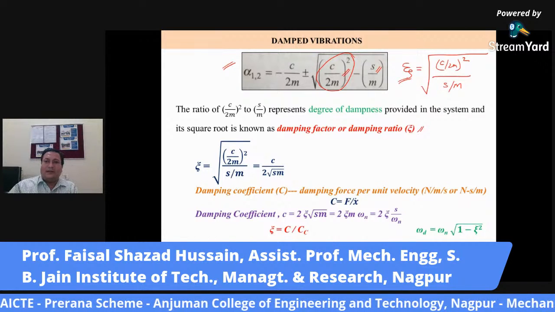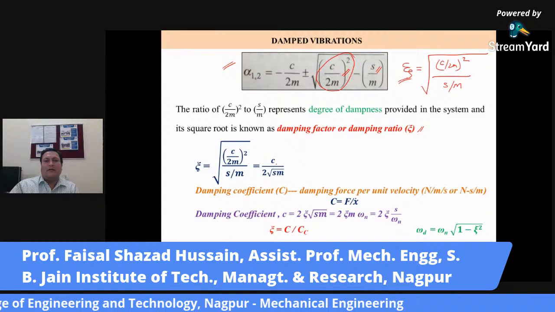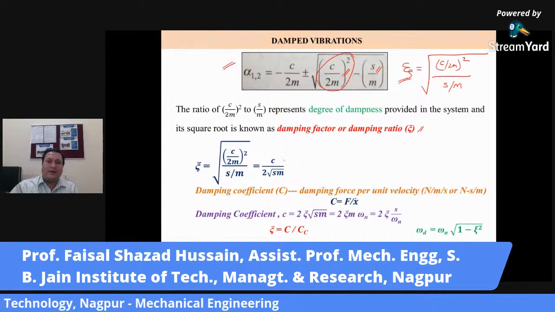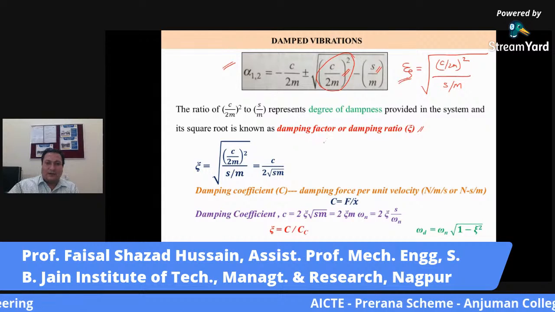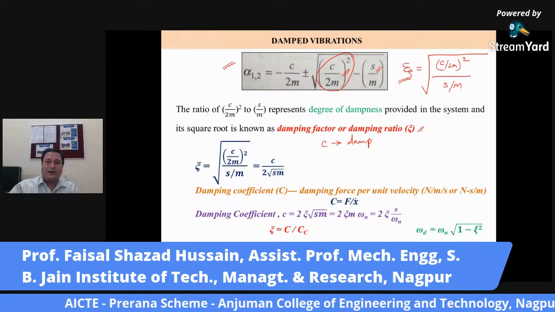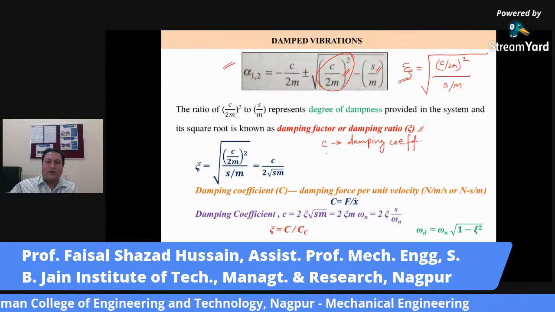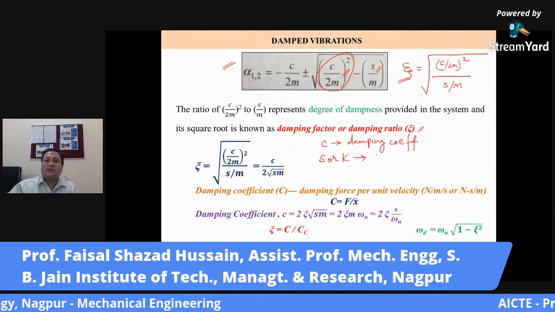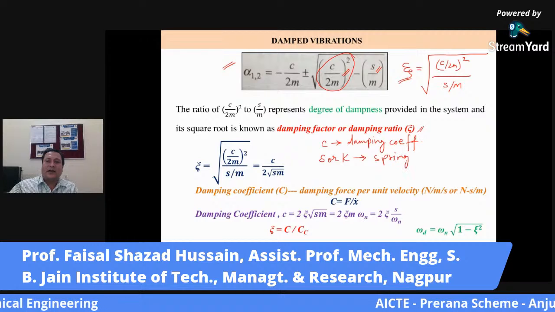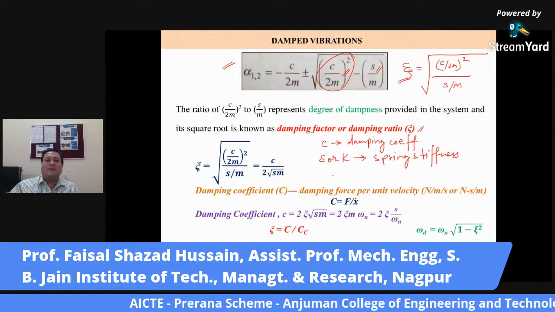So generally, this equation can be rewritten after solving. It can be rewritten as c upon 2 under root s m, where c is your damping coefficient, and s or k is your spring stiffness, and m is the mass.